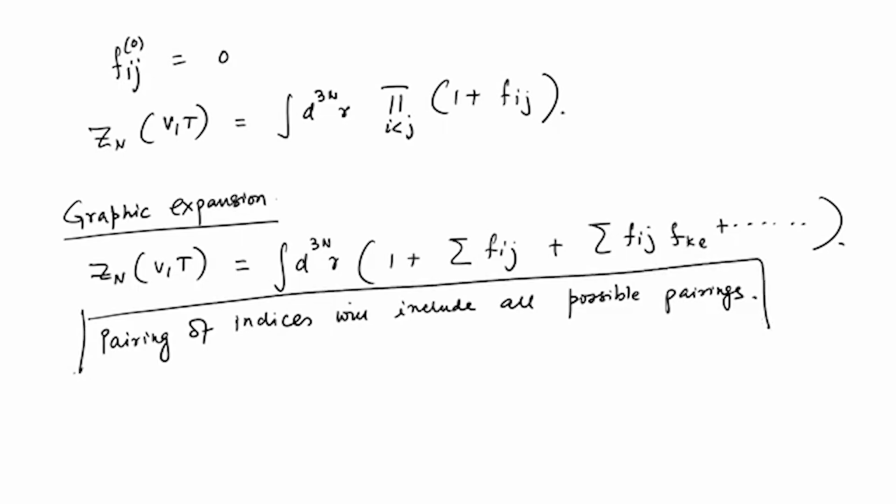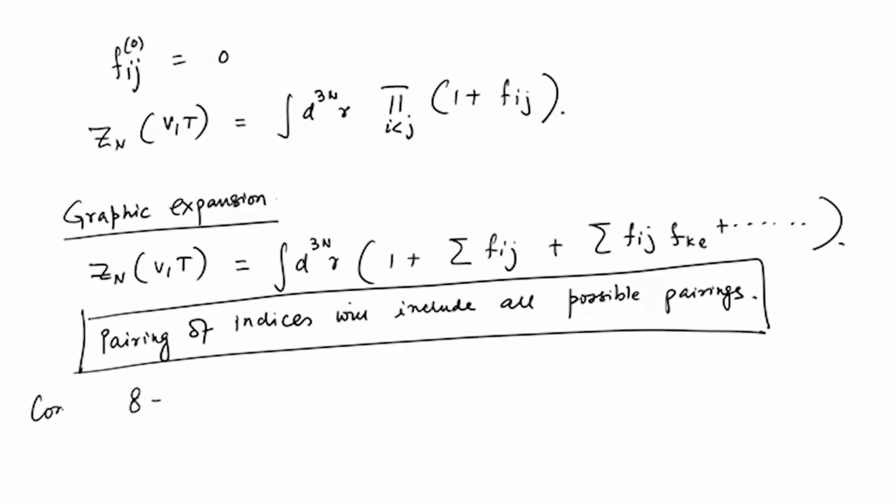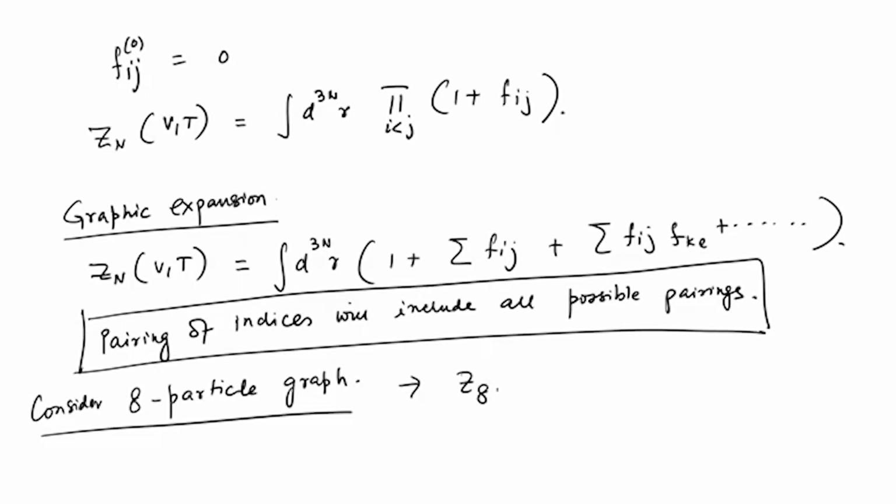It will probably be helpful if we give an example in order to elucidate some of this. Let us talk about an 8-particle graph, which means that we talk about Z_8.